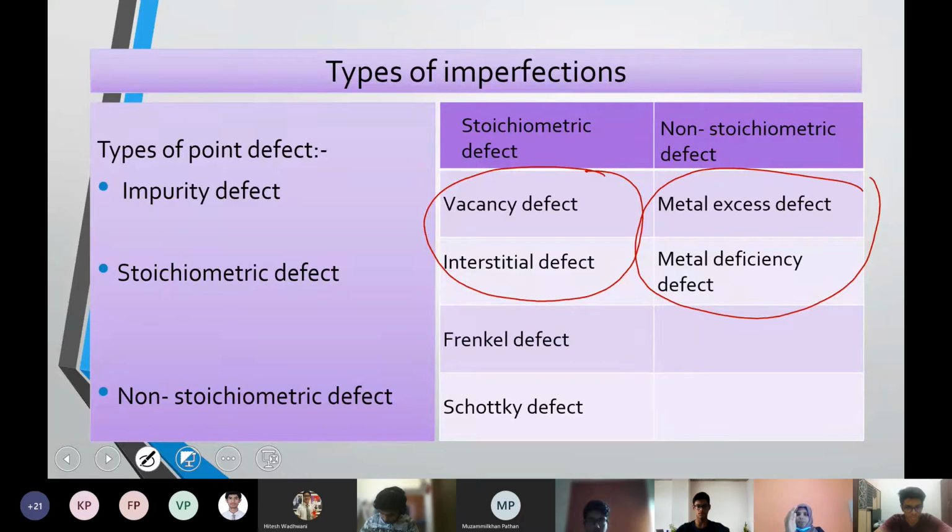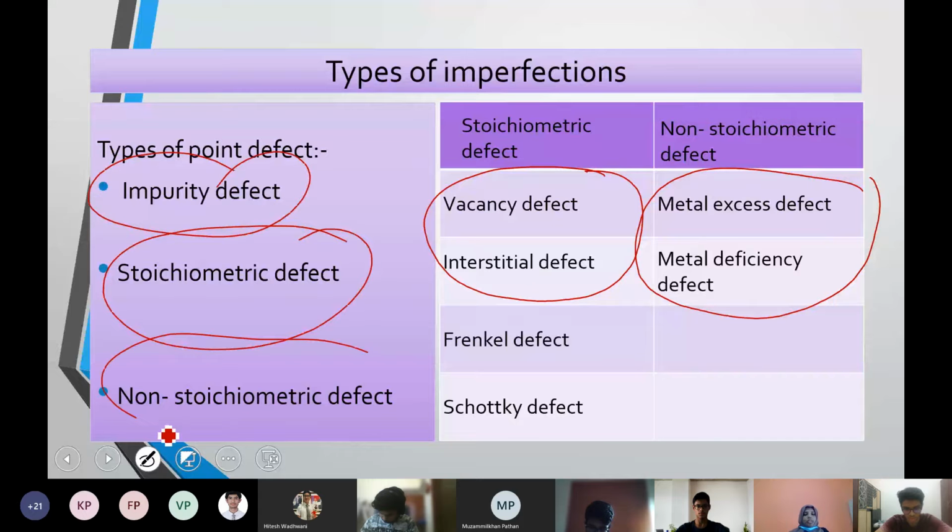So first, imperfections are classified as line and point defect. Line defect means the entire row has a problem in the arrangement, but in point defect the defect is only around one point or certain points in the crystal. Point defect is further classified as impurity, stoichiometric, and non-stoichiometric defect.